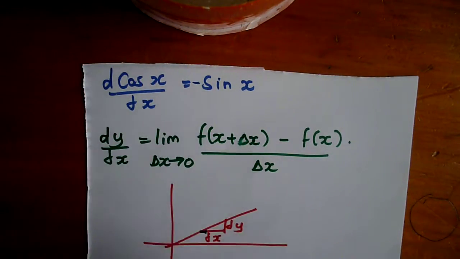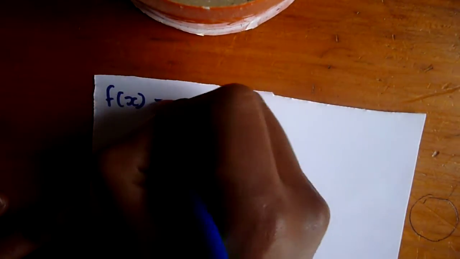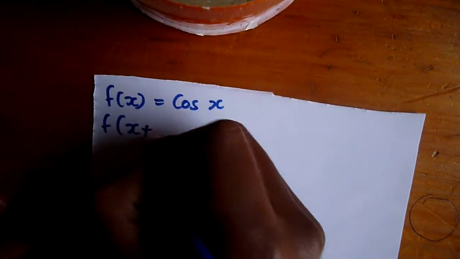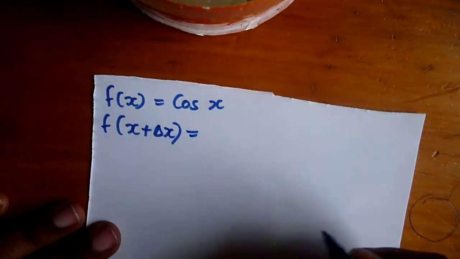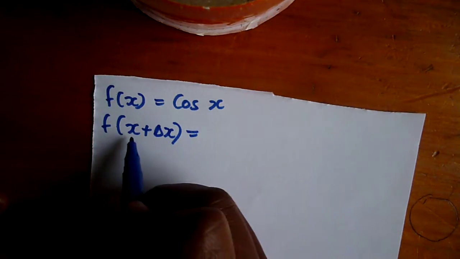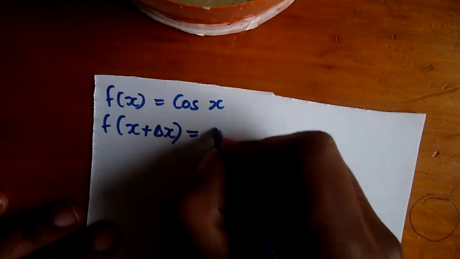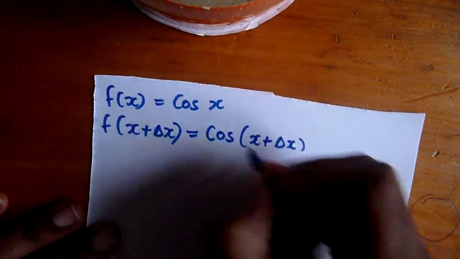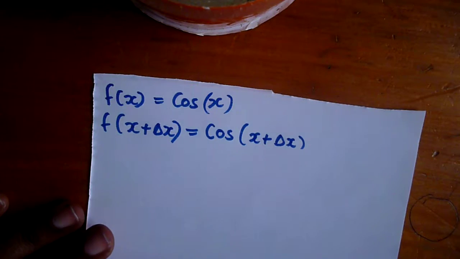So with this in mind, we'll move on and substitute and come up with our equation for first principles for cos x. So our f of x is cos x. So our f of x plus a small change in x will be, wherever there was x, we're going to put x plus a small change in x to obtain cos of x plus a small change in x, okay?